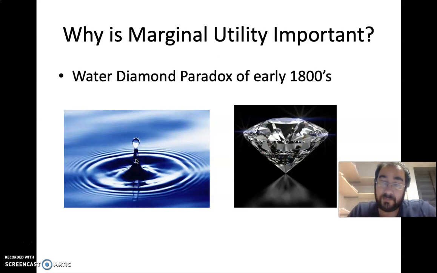So, for example, they give this example: water is something that is very useful, very important for everyone. You cannot survive without water. While diamonds, for basic life at least, don't have any practical use.